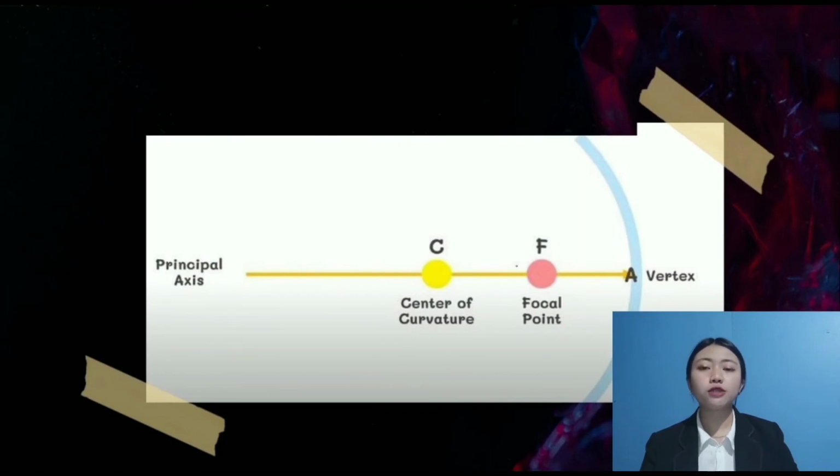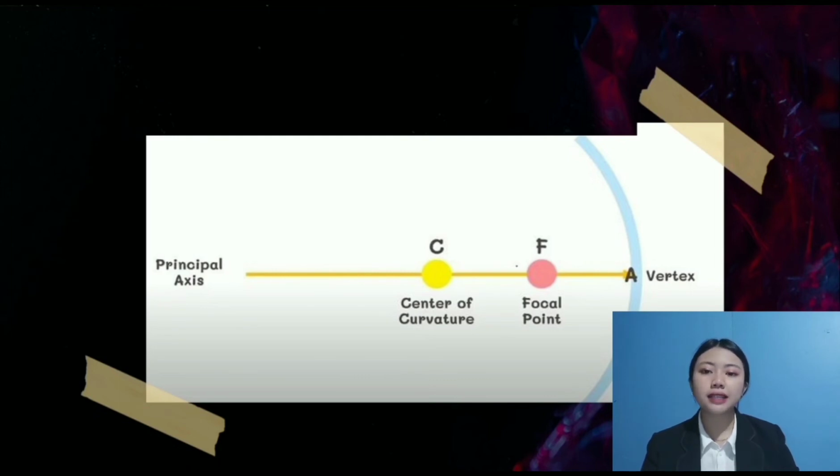Okay, now I am showing you a picture where there is principal axis, center of curvature, vertex, and focal point. Because we need to talk about the type of reflected image we can form in a concave mirror. But before that, we have to define some terms.